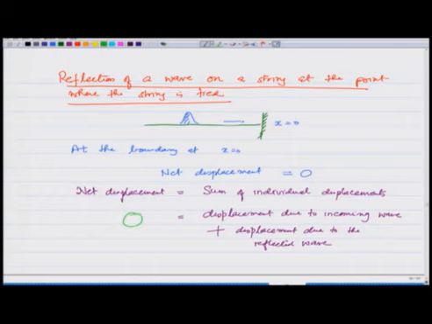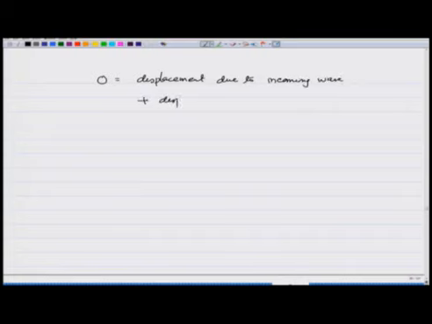So, what I have is 0 is equal to displacement due to incoming wave plus displacement due to the reflected wave.